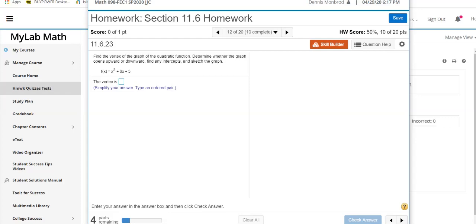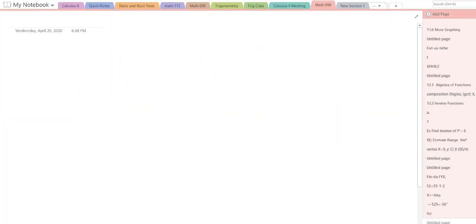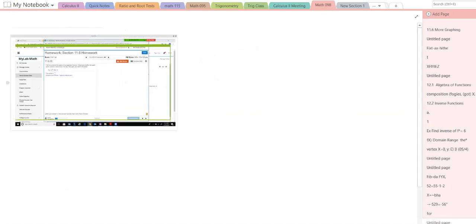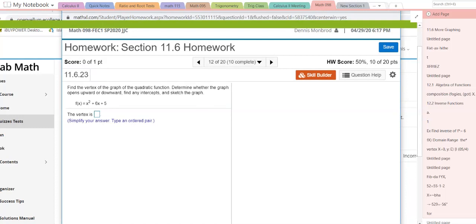So we've got a couple things we know right off the top here. I'm going to come in here, add a page, get rid of that. Increase this size here. Okay, so first thing is we're going to get that.